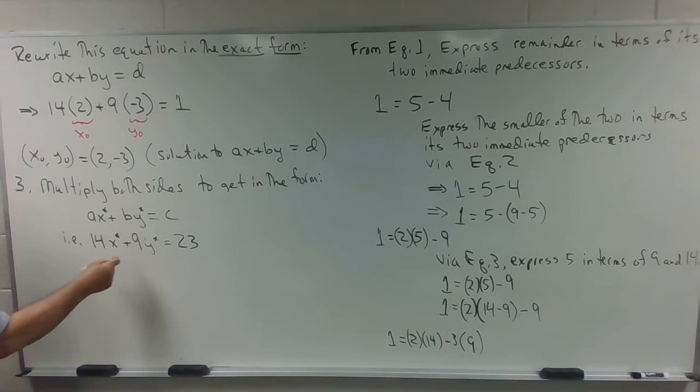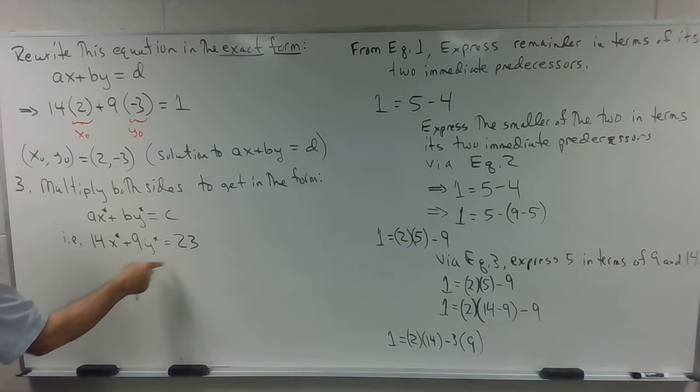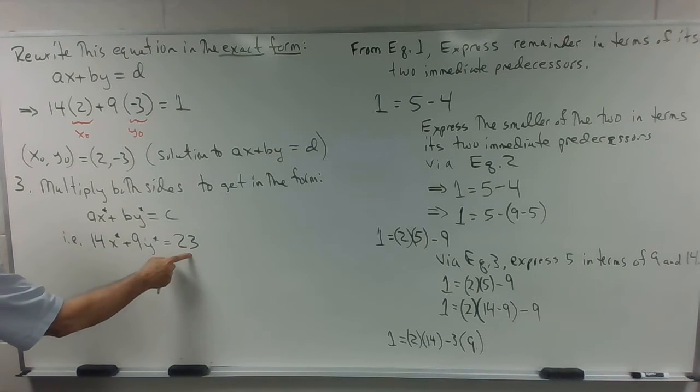Okay, this is the form that we wanted. And x star, y star will be our particular solution to the equation ax plus by equals c, or ax plus by equals 23.